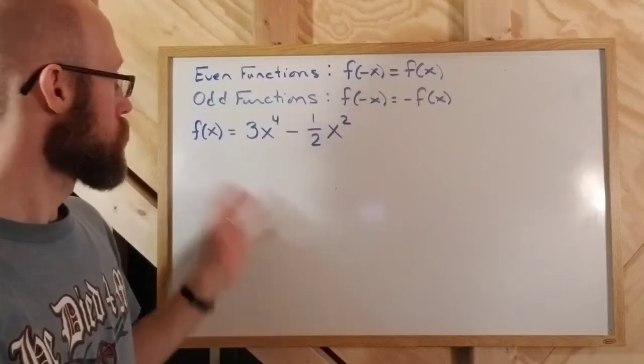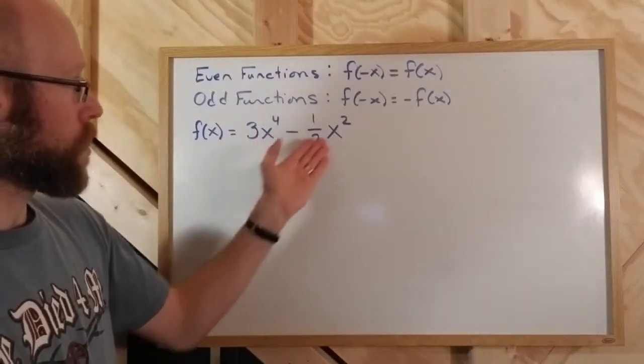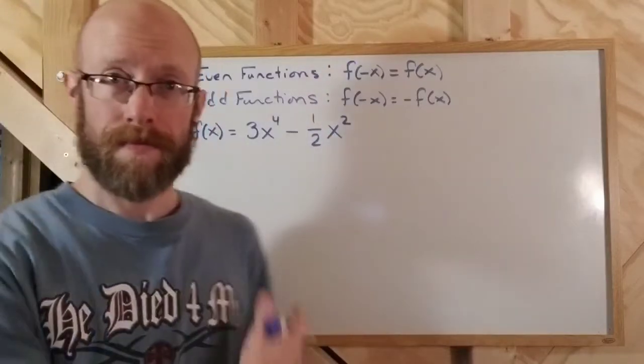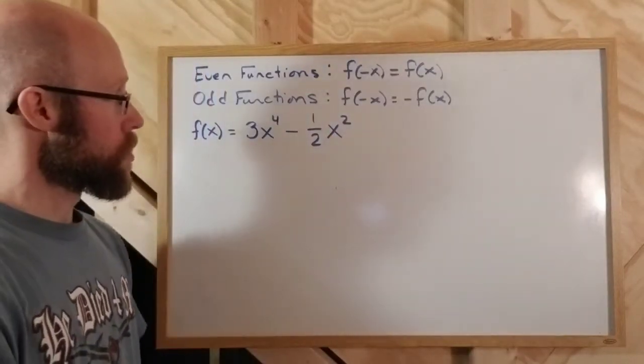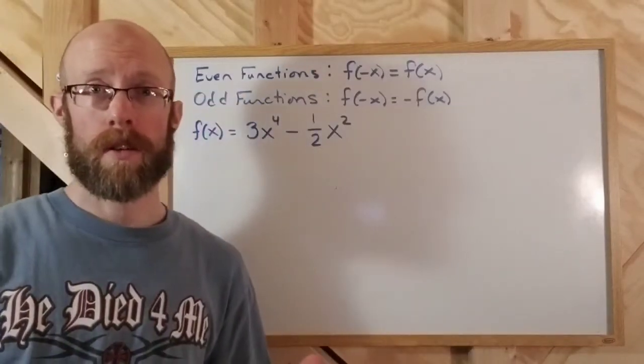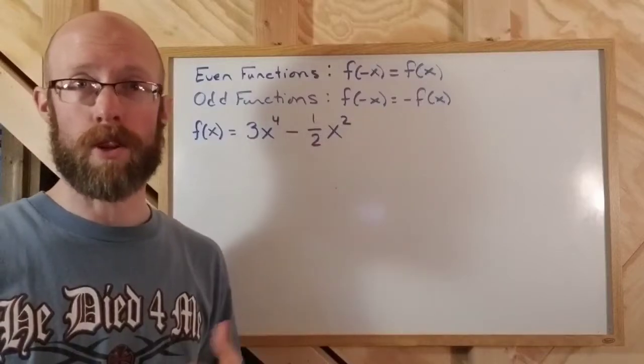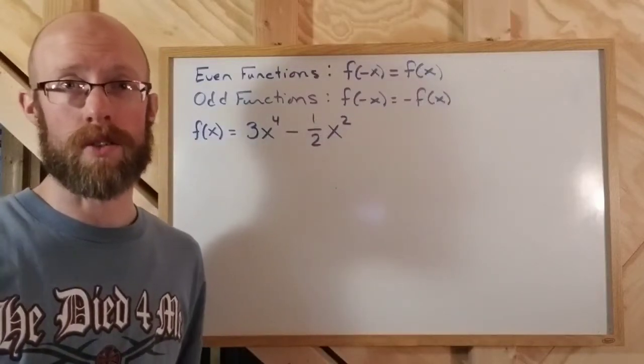So my first example here, I've got f of x is 3x to the fourth minus 1/2 x squared. To determine whether it's even or odd, or it could be neither, if neither of these equations hold, then you have no symmetry at all, and that's fine too.